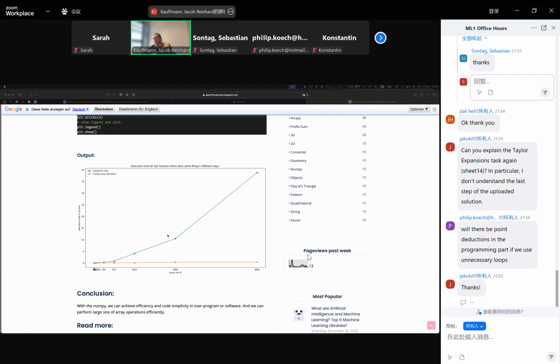I'm not exactly sure what this operation here is, but you see for relatively small array sizes it can take 40 seconds in a loop and basically below 1 second without a loop.